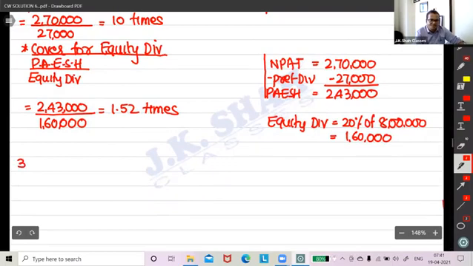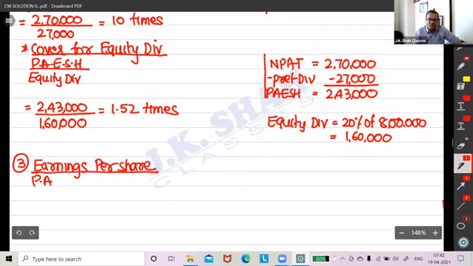Let's come to the third one, earning per share. That is what? Profits available for equity shareholders divided by what? Number of equity shares.